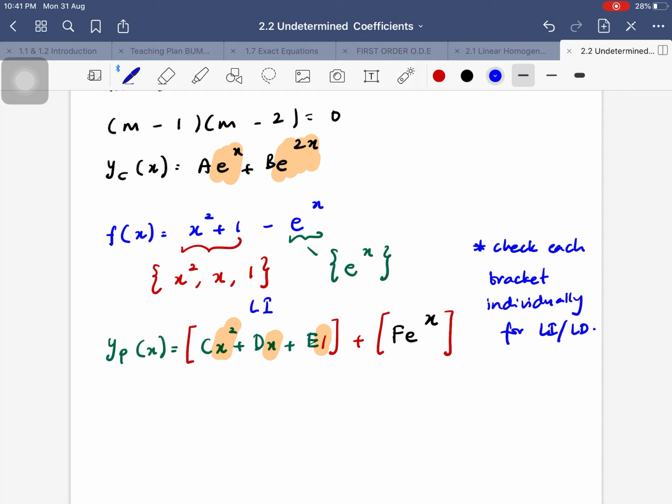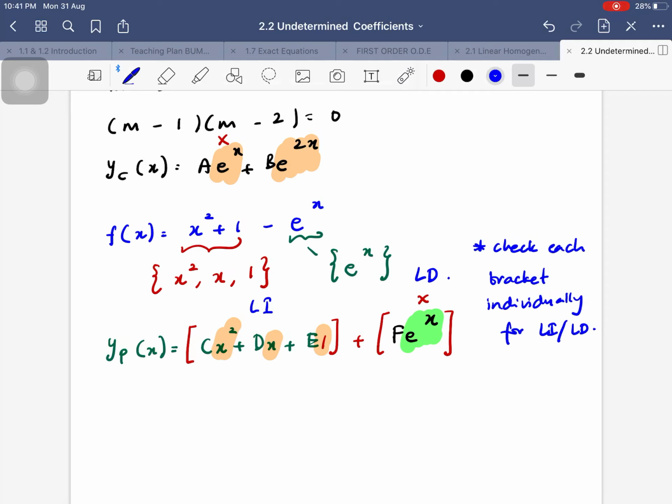So I have no problem with the yp for the polynomial. However, there is going to be a problem with my yp for the exponential, because here I have exponential of x, and the one at the top over here is also in the form of exponential of x. So both of them are equal, so they are linearly dependent.